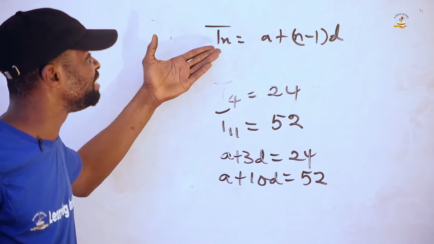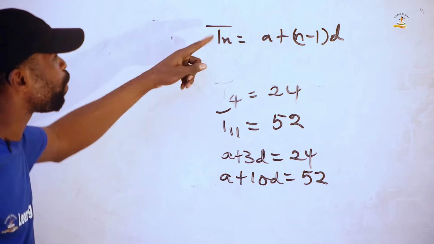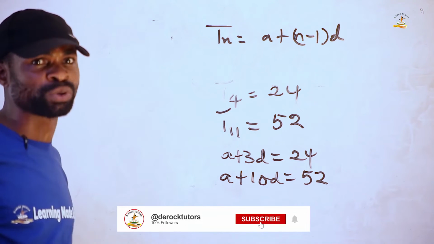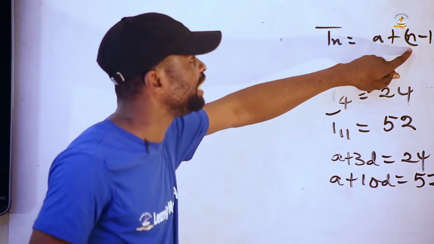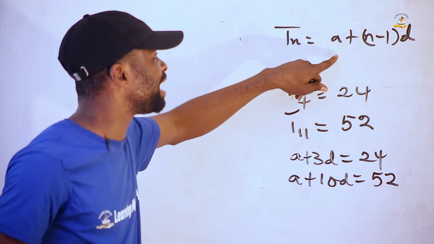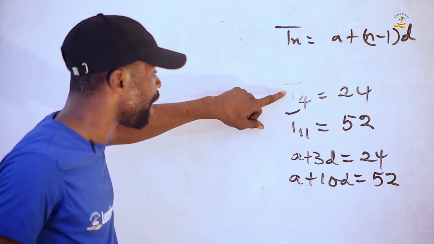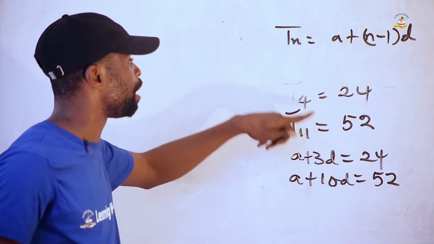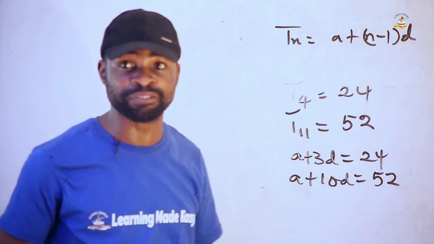You will see in the general nth term that the coefficient of D is 1 less than the term under consideration, whereas A remains constant. That is why for T4, A remains constant and the coefficient of D is 1 less than 4, which is 3. The same thing goes for the 11th term.